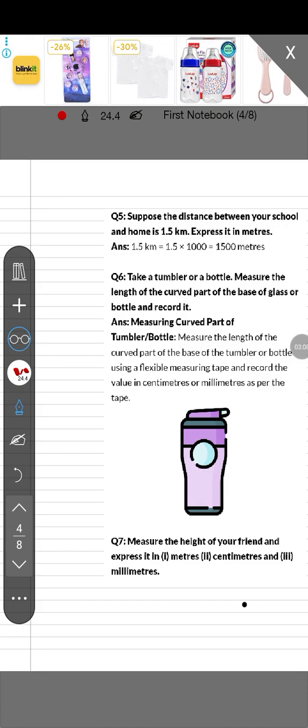Measure the length of the curved part of the base using a flexible measuring tape, and record the value in centimeter or millimeter as per the tape. Or you can take a string, wrap it around, mark the end of the string, then calculate the total length of that string with the help of a scale.